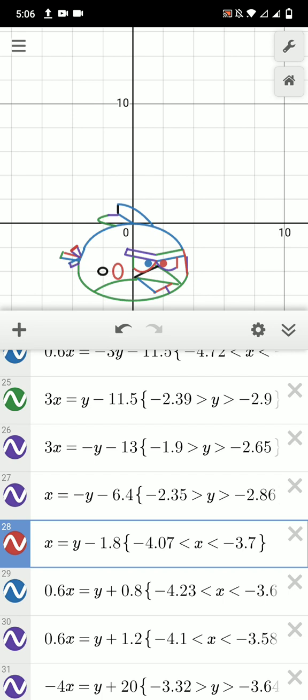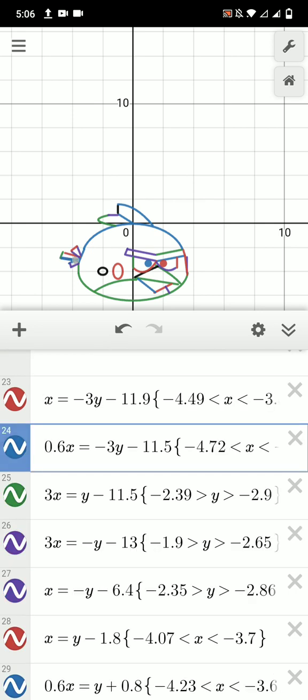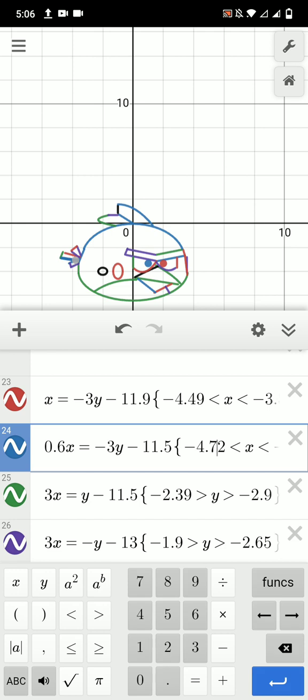Another part of its tail is this one. This is also a linear equation, 0.6x = -3y - 11.5, with a domain of x greater than -4.72 but less than -3.6.